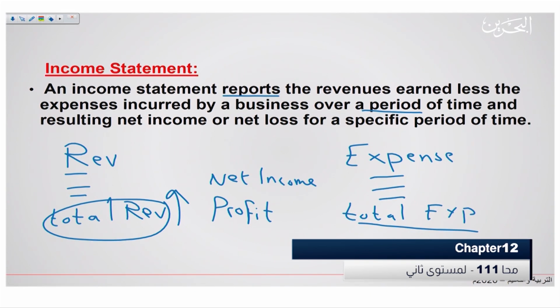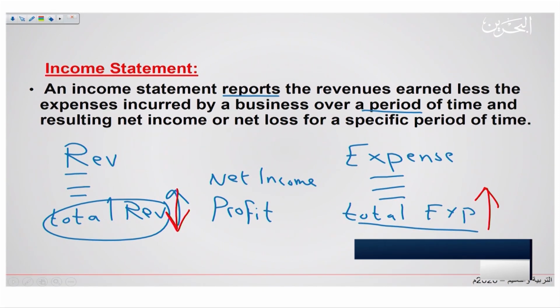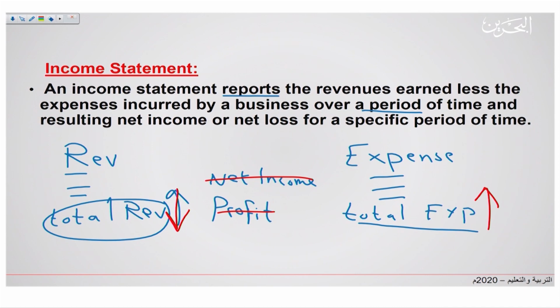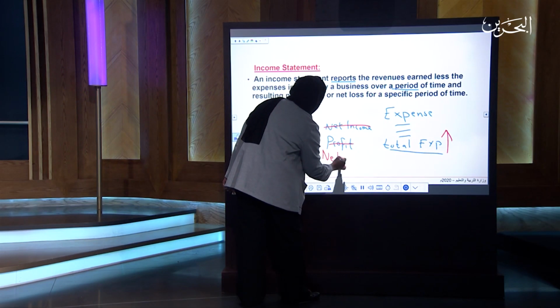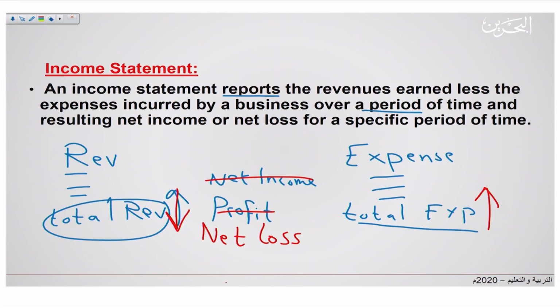In the other case, if the total expenses is higher and the total revenue is lower, then the company is losing money, so we are making net loss, which means we are losing our money.